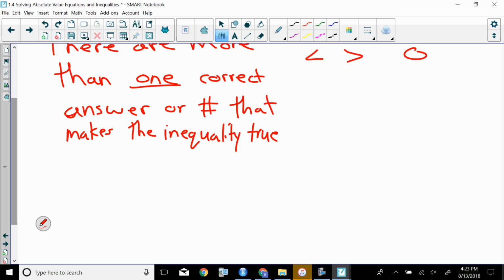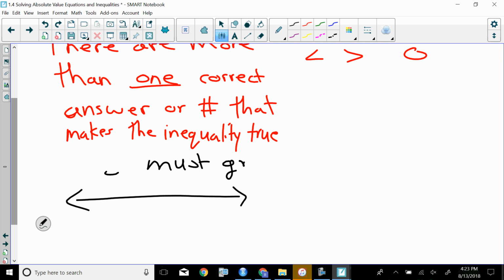Because there's more than one, that means that we get the pleasure of graphing. We must graph all of these. So you gotta graph.